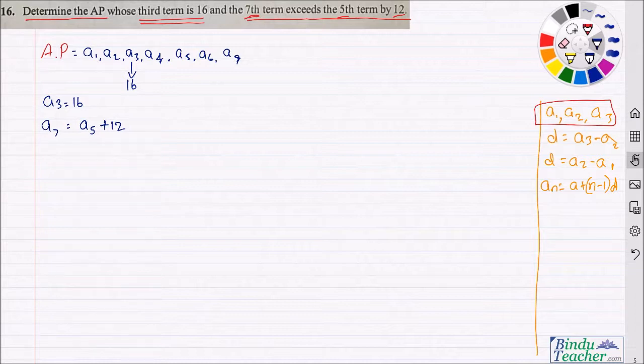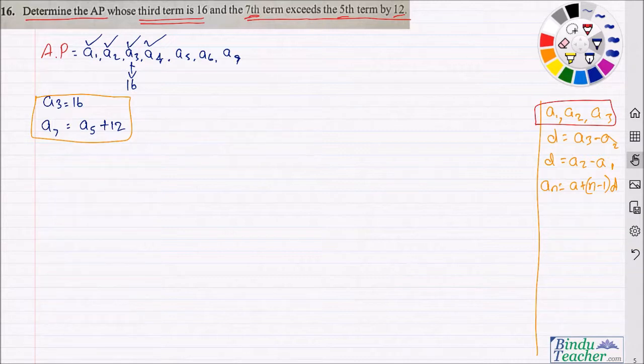Okay, so these two are the equations that are given to us. So using this we have to find out what is A1, A2, A3 and A4. A3 is something that we already have, so we just have to find A1, A2 and A4.